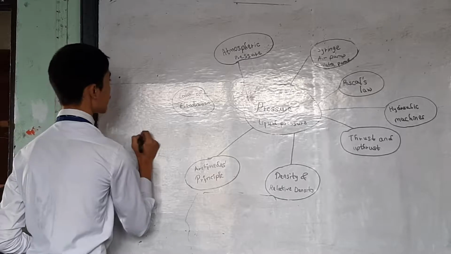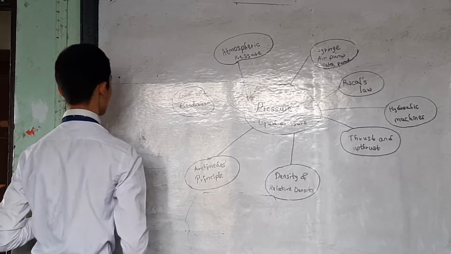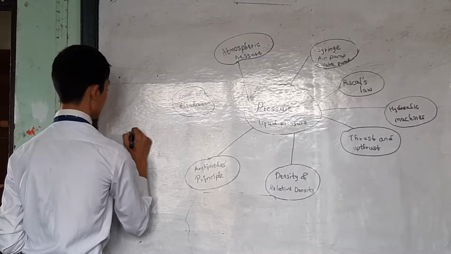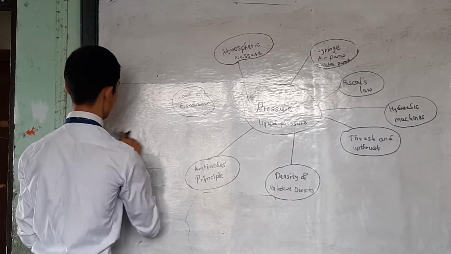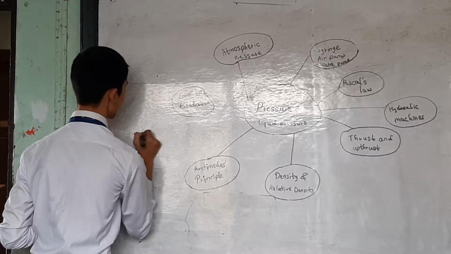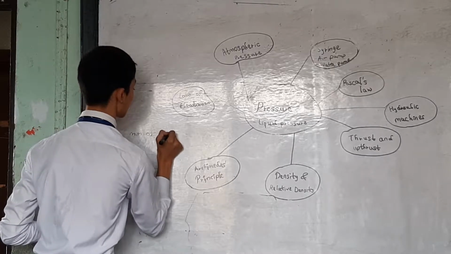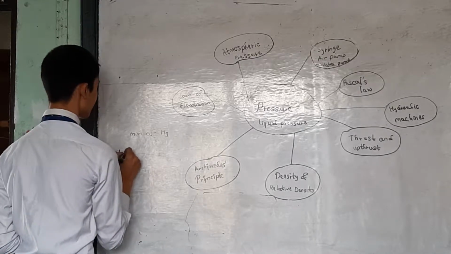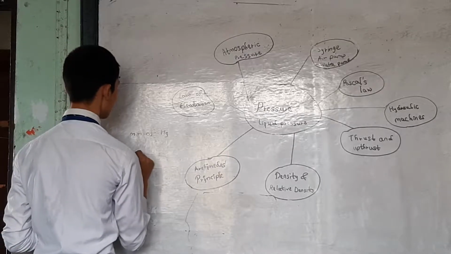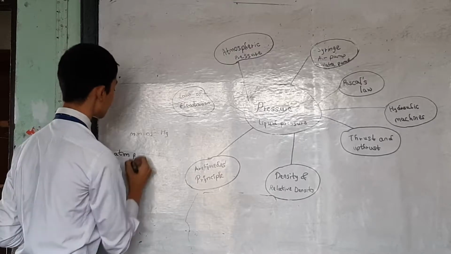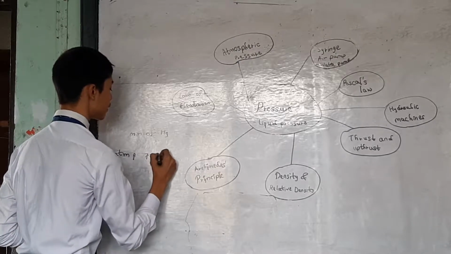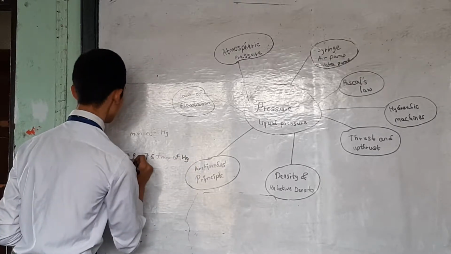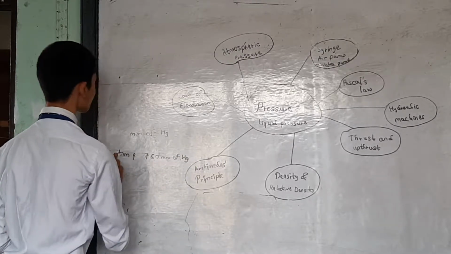But atmospheric pressure is measured in mm of Hg. Why is it measured so? Because 1 atmospheric pressure is the pressure exerted by 760 millimeter of mercury on a ground surface of 1 meter square area.